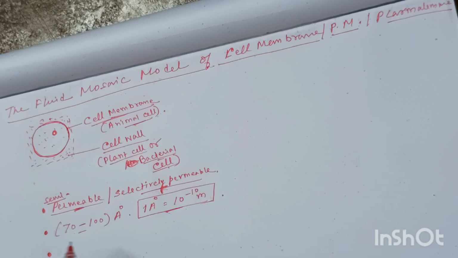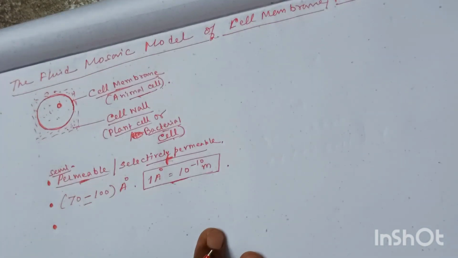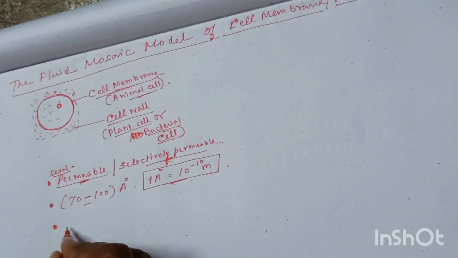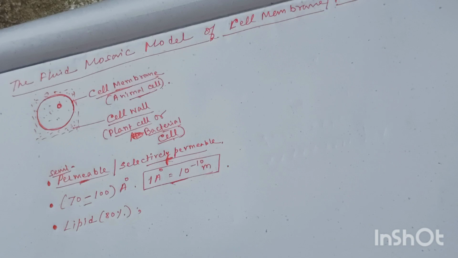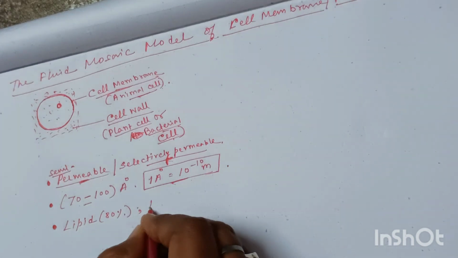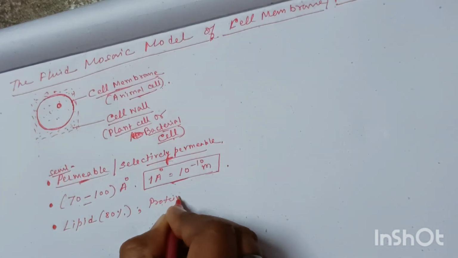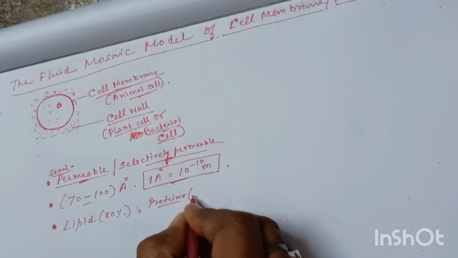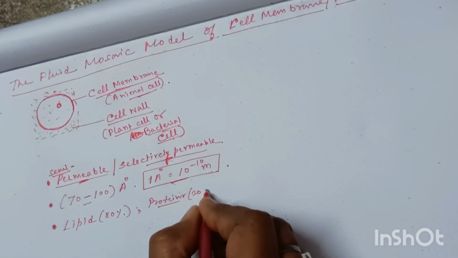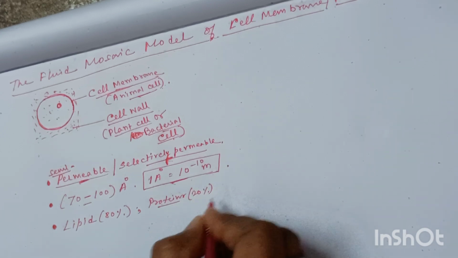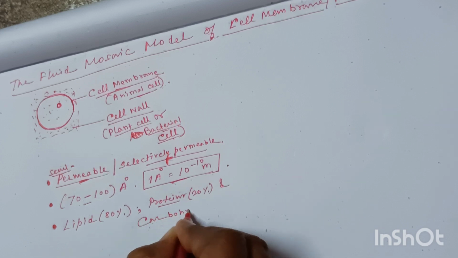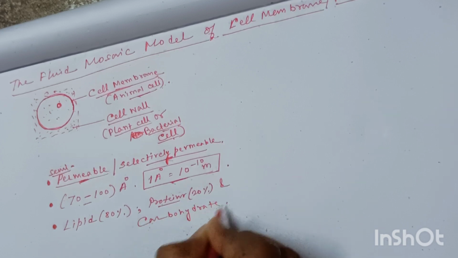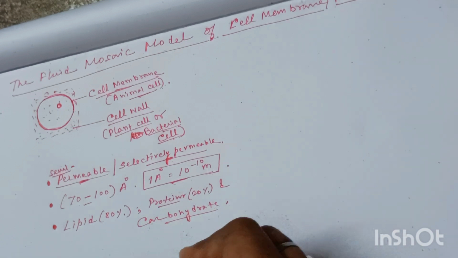Its main components are lipid, which is around 80%, proteins, which are around 20%, and a rare percentage of carbohydrate is also present in the cell membrane.